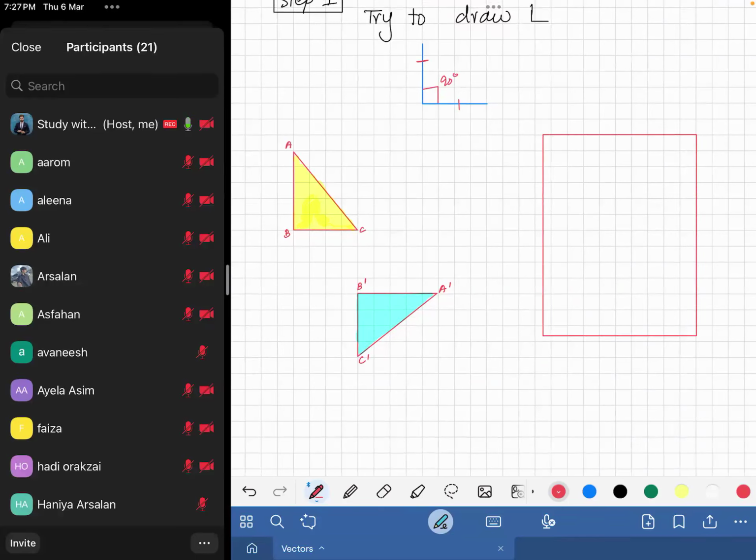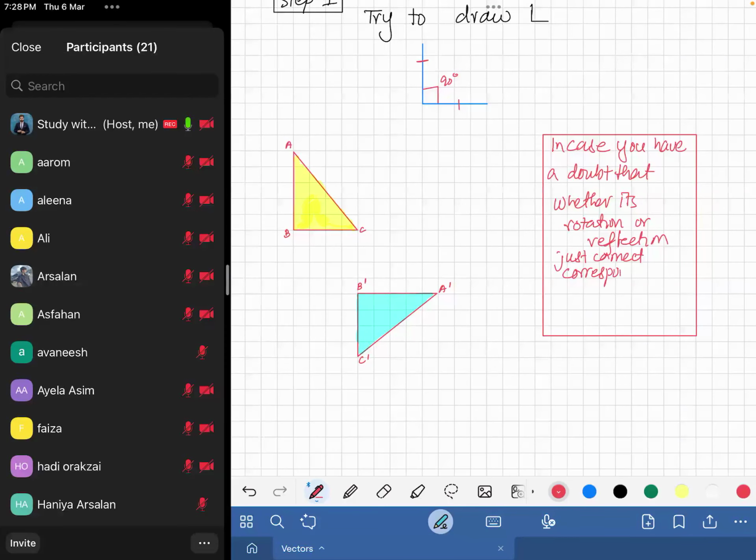In case you have a doubt whether it's a rotation or reflection, just connect corresponding points. If they intersect, it's rotation, and if they don't, it's reflection.